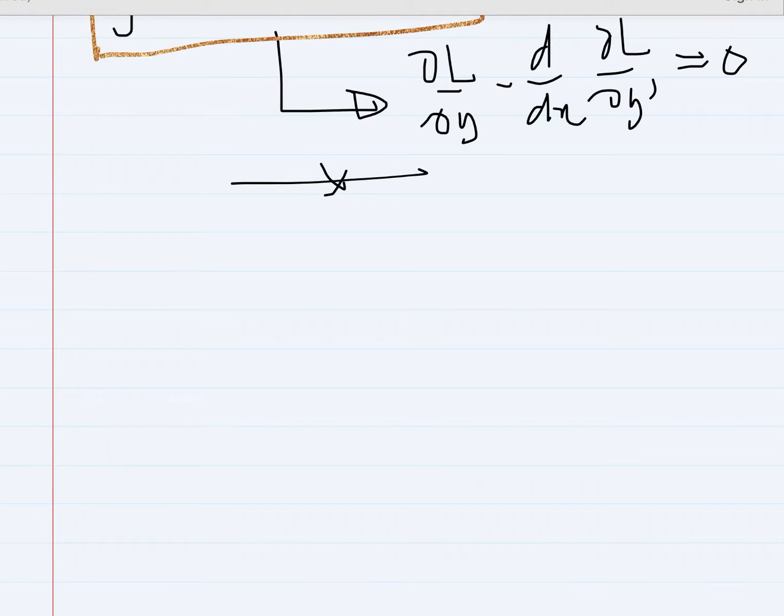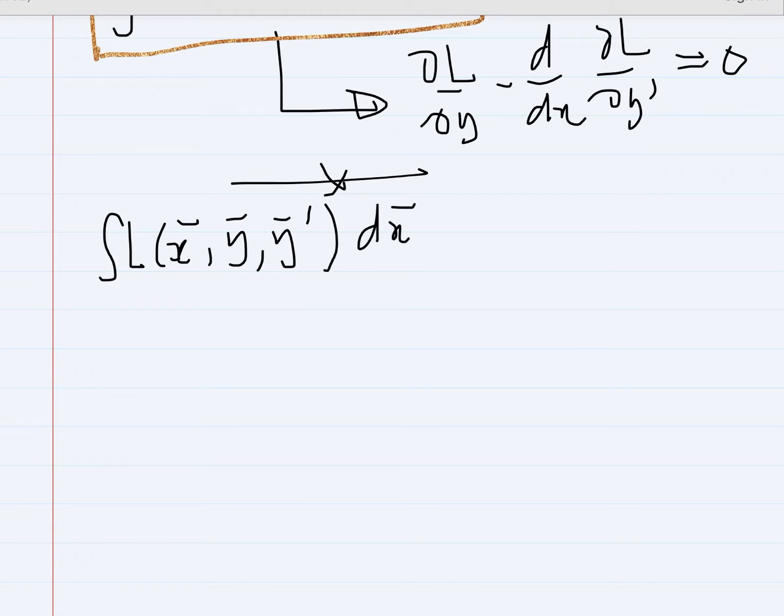So if a one parameter Lie group of transformation G star on xy leaves that integral invariant, then this has to be satisfied. And it's almost obvious why. The functional, the integral, if we replace x, y, and y dashed with x bar, y bar, and y bar dashed, has to be equal to the same integral with the variables x, y, y dashed.